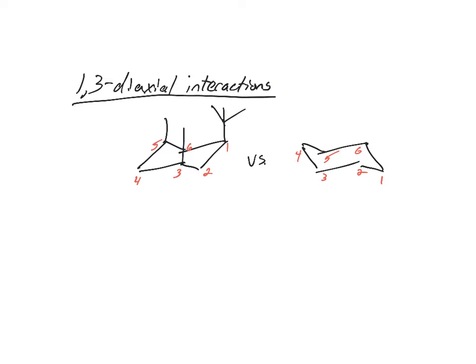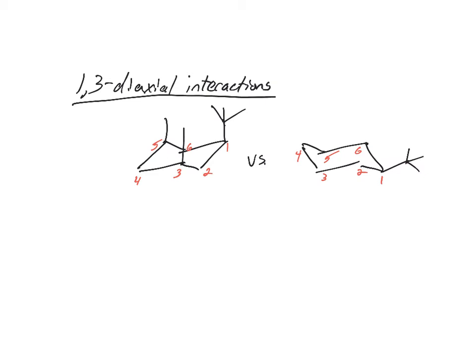So what was on carbon 1, right? When we do chair conformations, we're not actually breaking any bonds, right? We're just chair flipping. So 1 has a tert butyl group. Is that up or down? Up. So on the ring flip, is it still going to be up? Yes. But if it's axial on the ring flip, it's now going to be equatorial. So it's still on carbon 1, and it's equatorial and up.